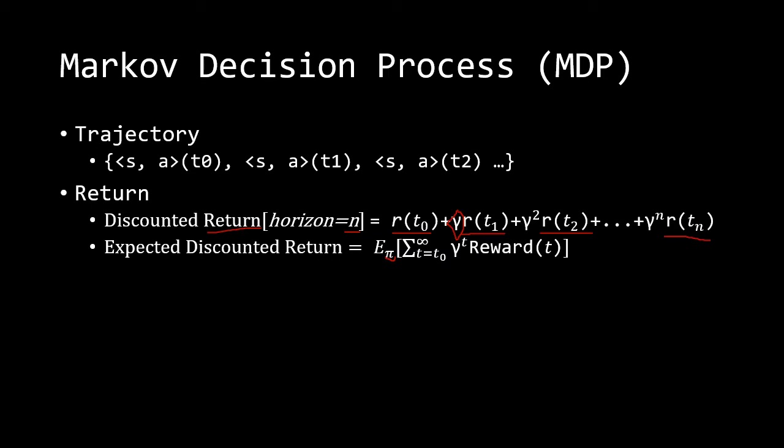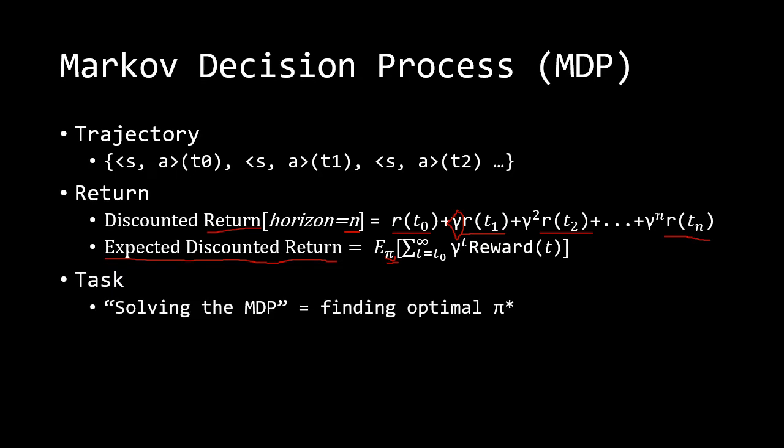And you can define an object which is called the expected discounted return. It tells you on average, if you follow pi, how much return you are expecting to get. And this is why there is the expectation sum there. Important to remember is that it's for a given pi.